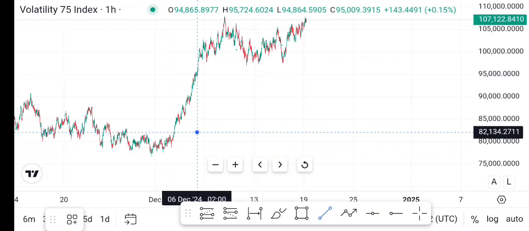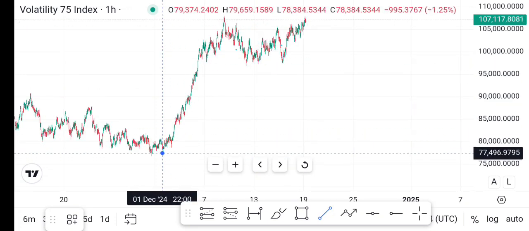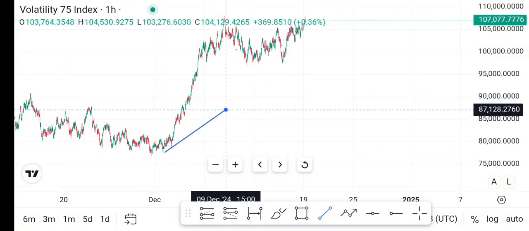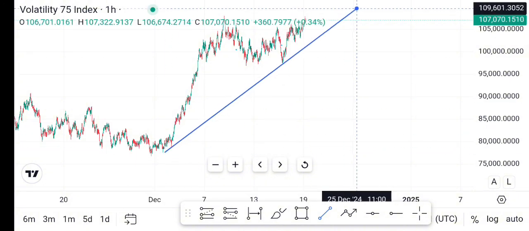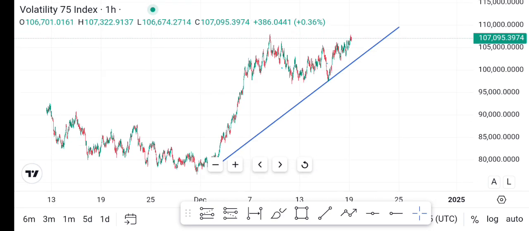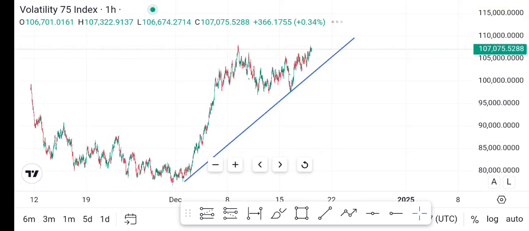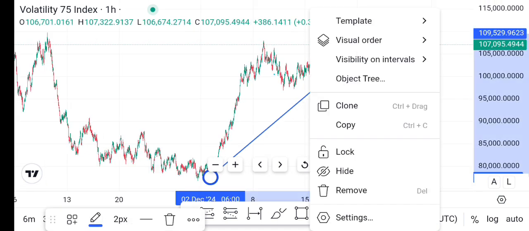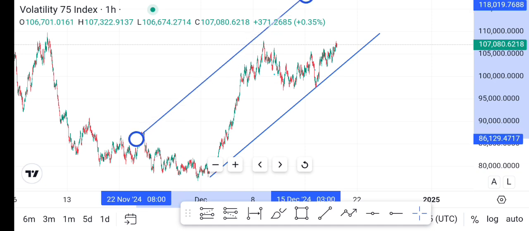We connect this and this one like this. This is our counter trend that we have here in H1. And we clone it upward like that.